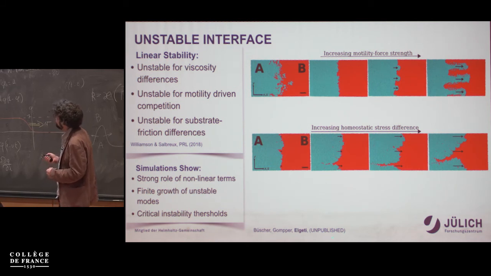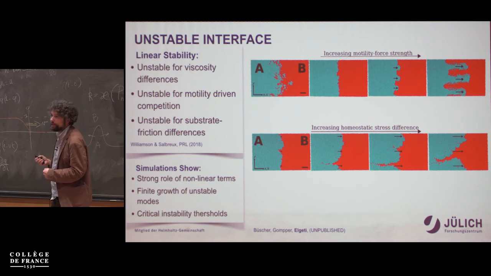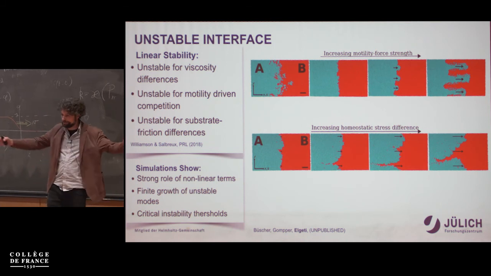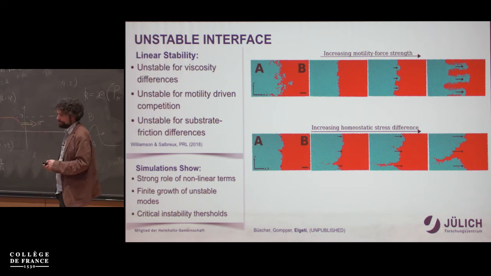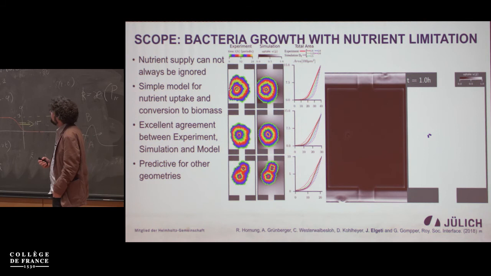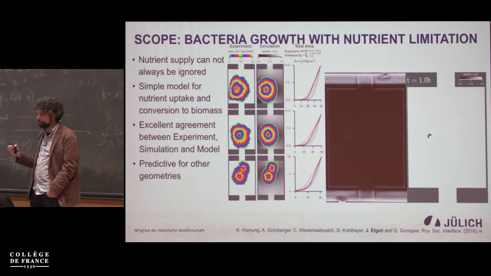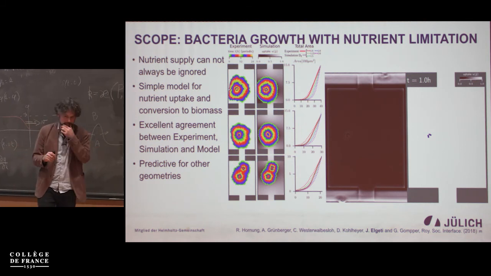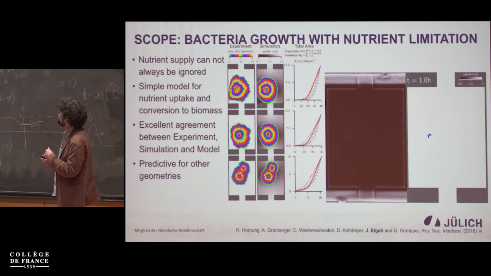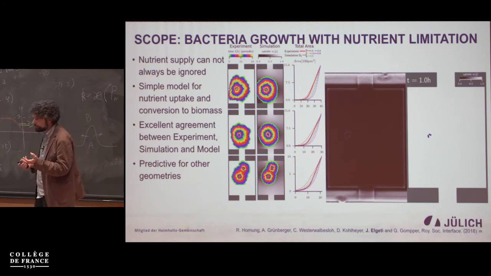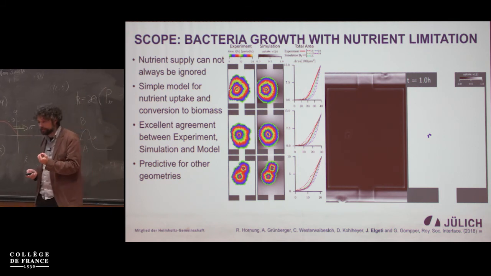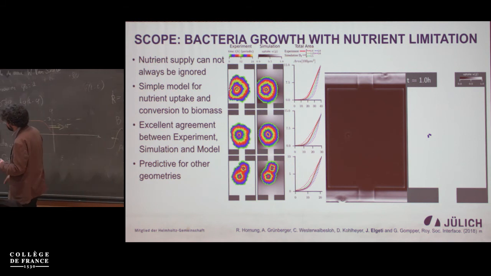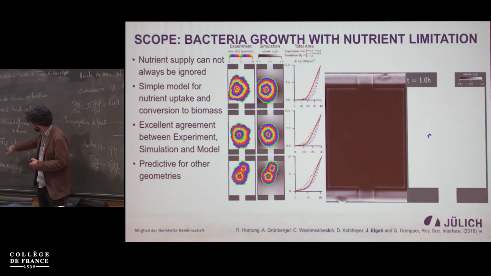That's pretty much arriving today. So I fast-forwarded you through 10 years of using particle-based simulations to study tissues. There are little things I want to tell you on scope, what else you can do with this kind of model. One is to study bacterial growth, where mechanics play less of a role, but we can add nutrient dynamics in a similar way as here, just coupling the nutrient field directly into the growth rate K here.